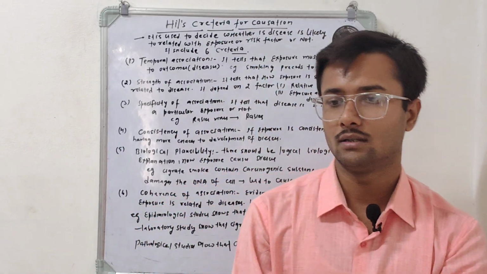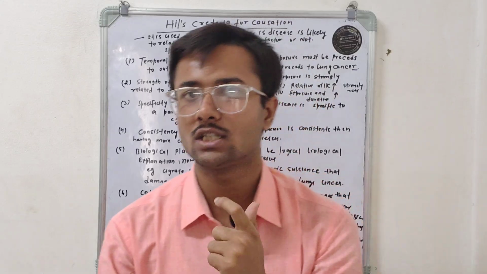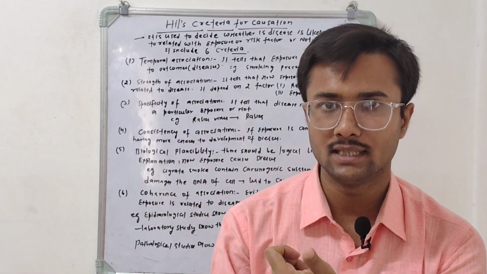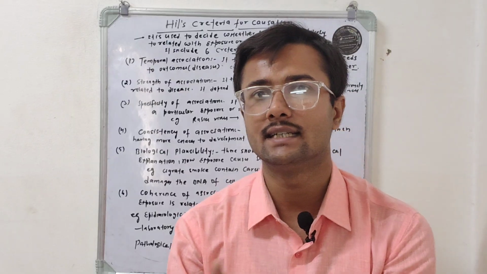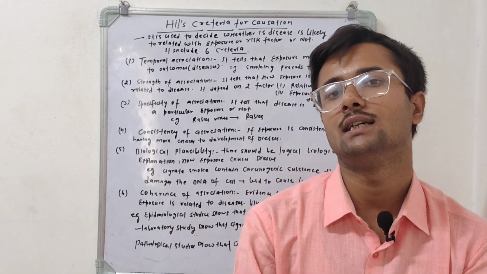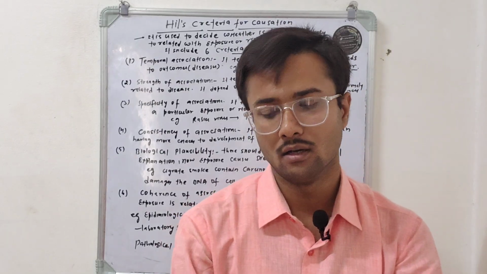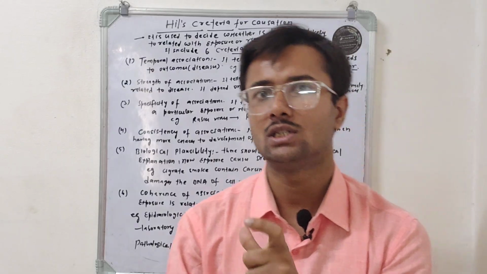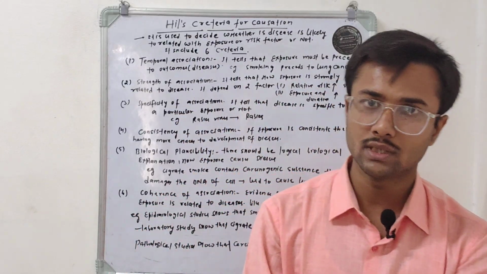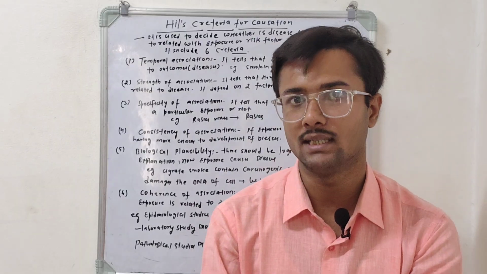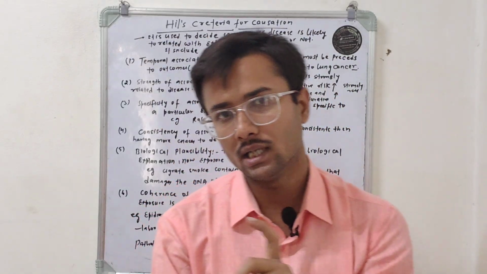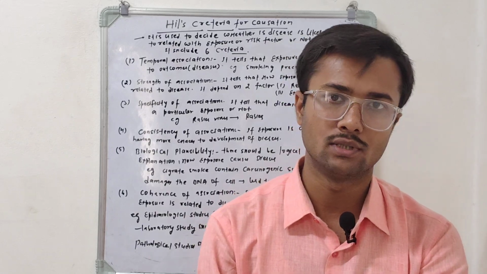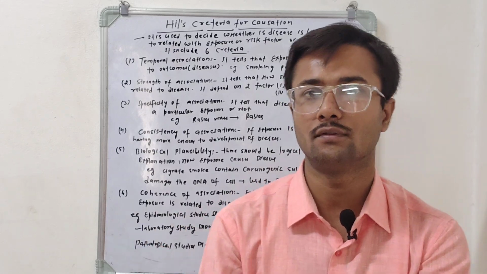If the relative risk of any disease is high, it indicates that the exposure is strongly related to the disease. On the other hand, if the dose and the duration of exposure are high, due to the high dose and exposure, it increases the incidence of disease.